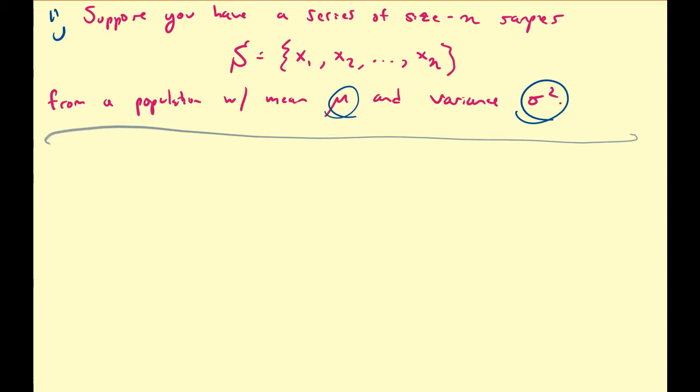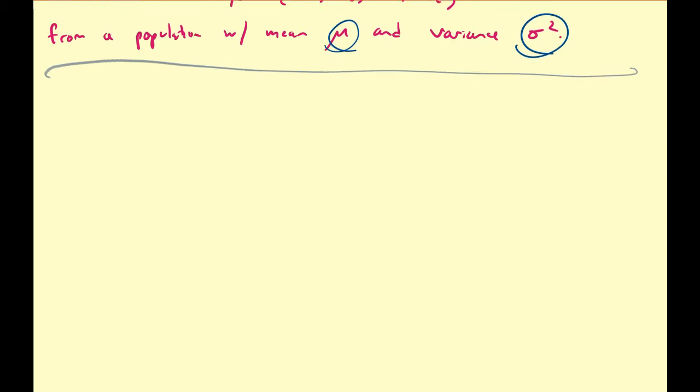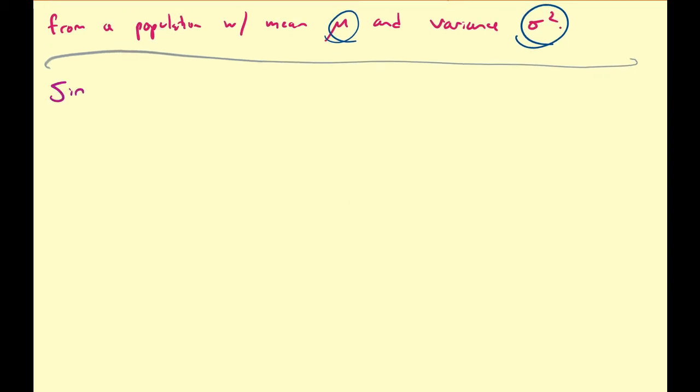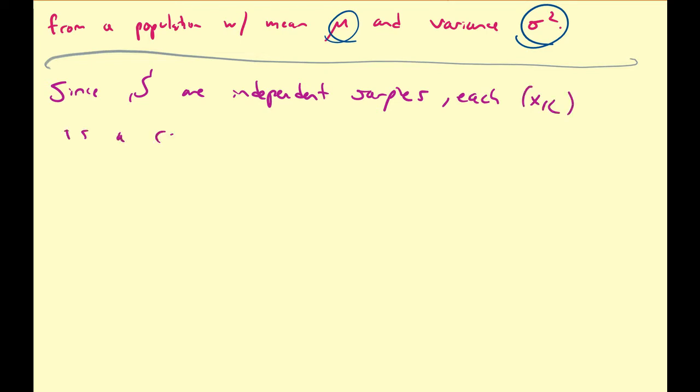Let us make a couple of observations here. Firstly, since these samples are independent, each xk is a random variable in its own right.